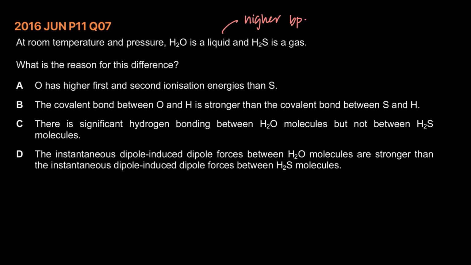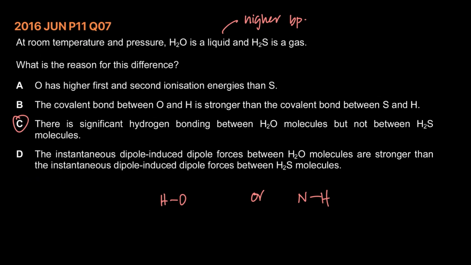But in water, there is significant hydrogen bonding, and that results in stronger attraction, which is why it has a higher boiling point. Remember, any molecule that has an OH bond or an NH bond would have hydrogen bonding, which will result in significantly higher melting and boiling points.